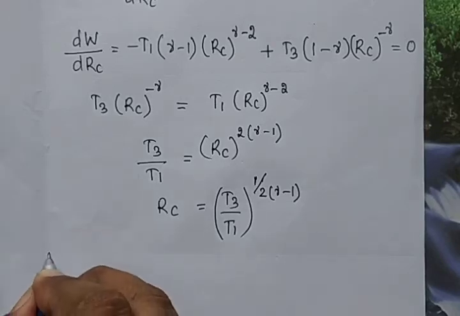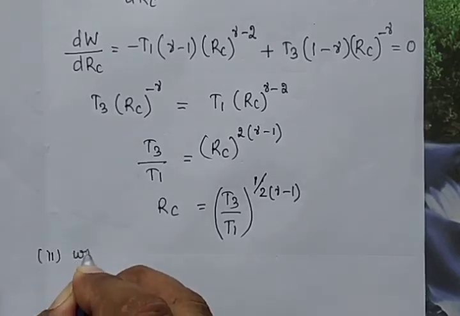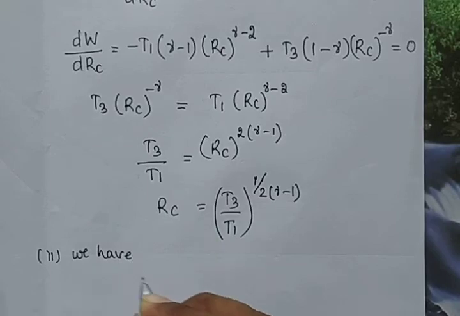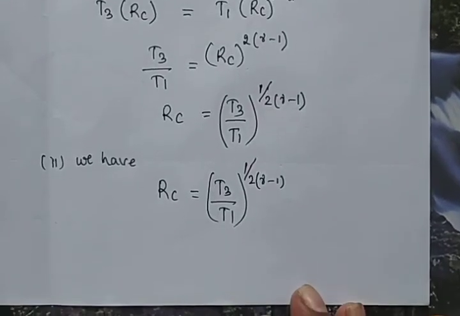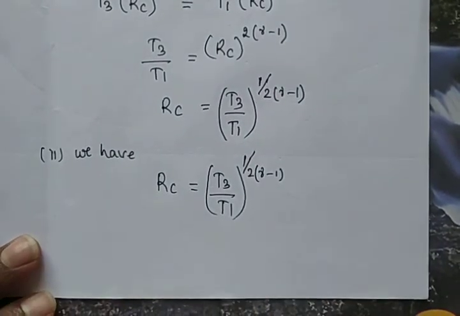That is case 2. Just now we have proved RC equal to T3 by T1 whole raised to 1 by 2 into bracket gamma minus 1. To this equation, I will now substitute the values of T2 and T4.